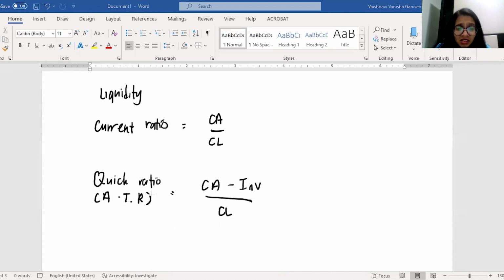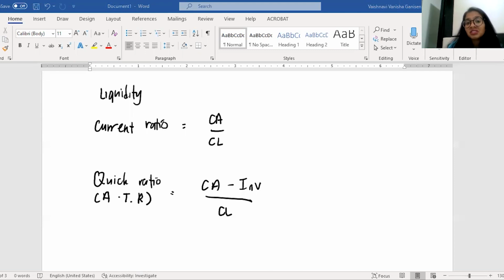What is the reasoning for the examiner to less out inventory when calculating the acid test ratio? Think about it. There must be a reason. If not, he wouldn't do something like that. So normally you must understand that the reason the examiner does it is because you want to exclude inventory.